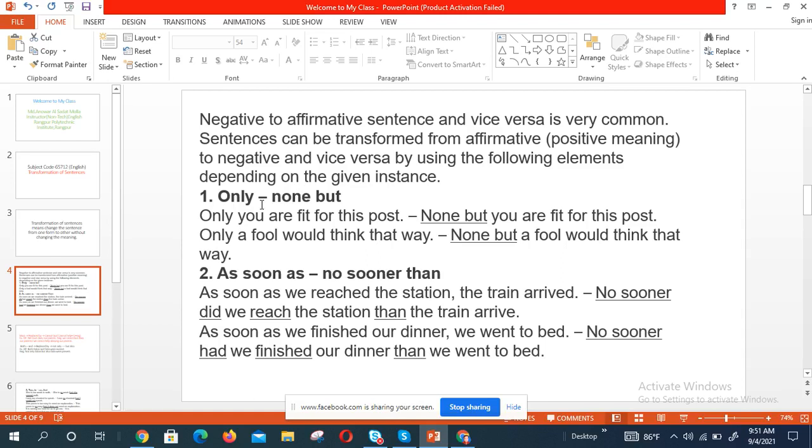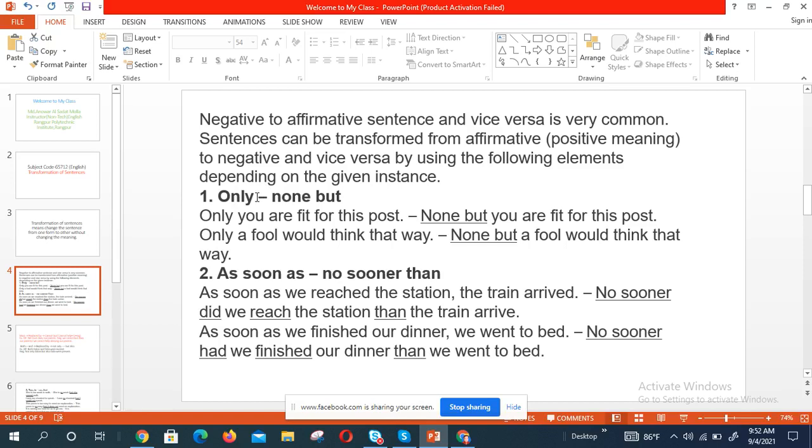Now, first of all, when you get an affirmative sentence with only, you have to convert it into negative by using none but. When it is a person, first person, second person, or third person, that means anybody, then you can use none but instead of only.